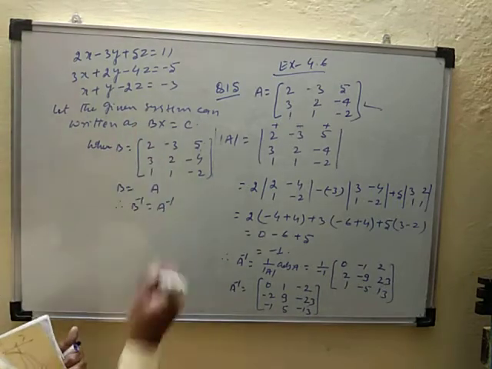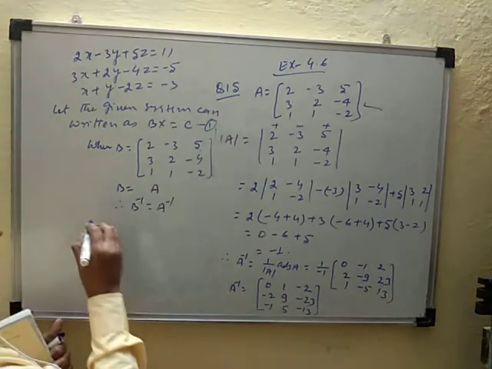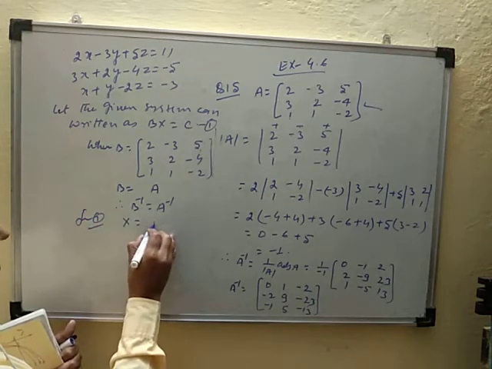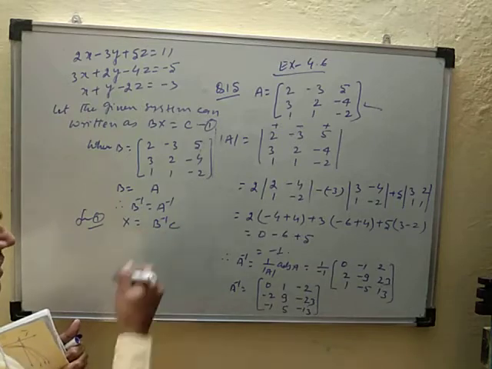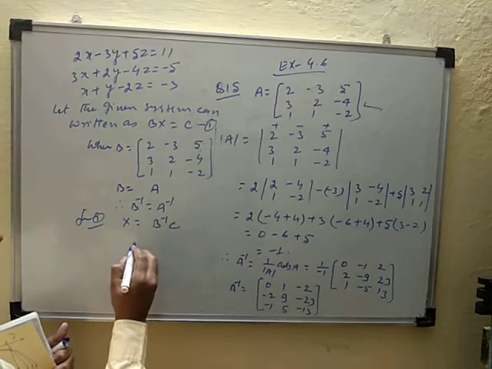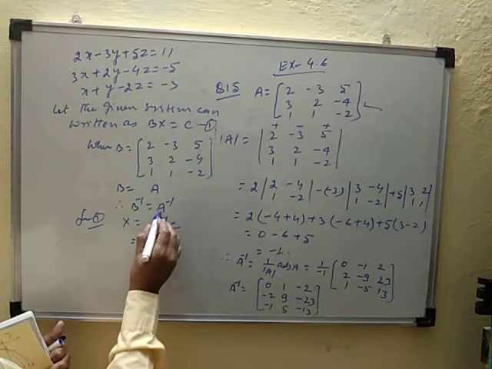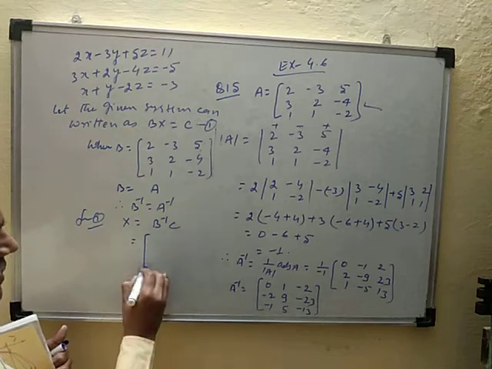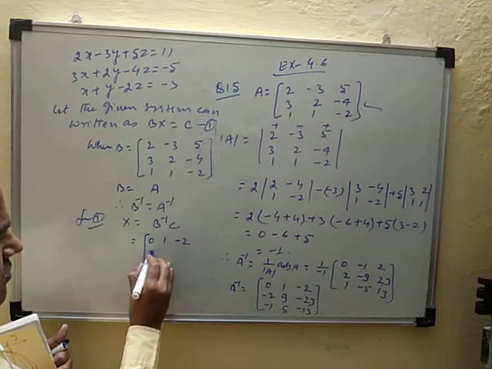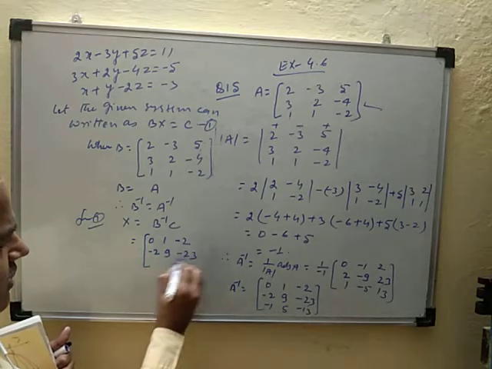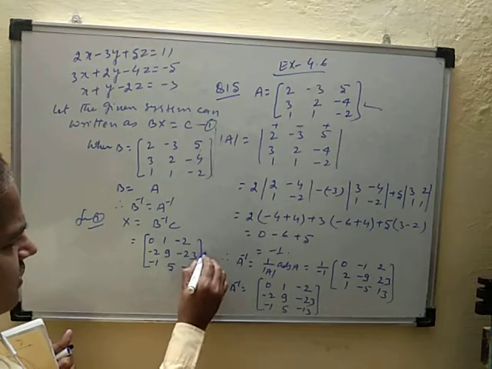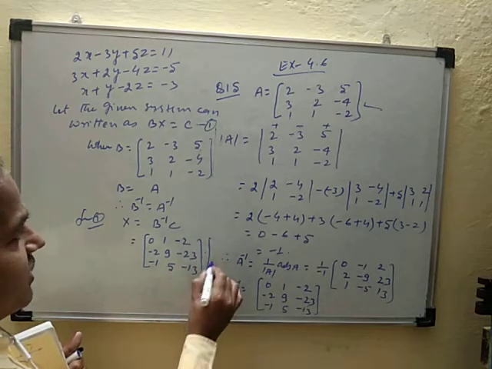Now solve it. Suppose this is equation 1. From 1, we directly note X is equal to B inverse C, multiplying by B inverse on both sides. Put the value. What is B inverse? That is A inverse. A inverse is 0, 1, minus 2, minus 2, 9, minus 23, minus 1, 5, minus 13, into C. What is C?